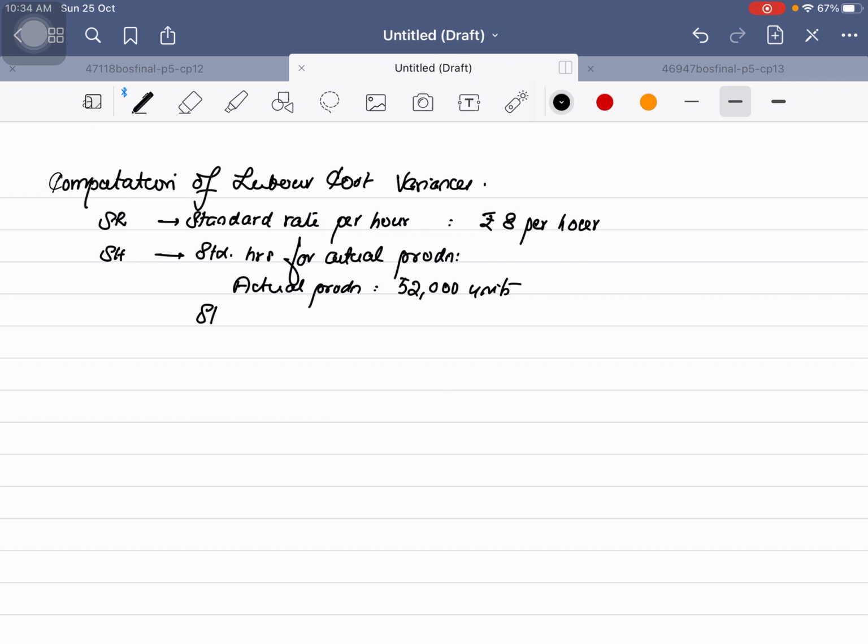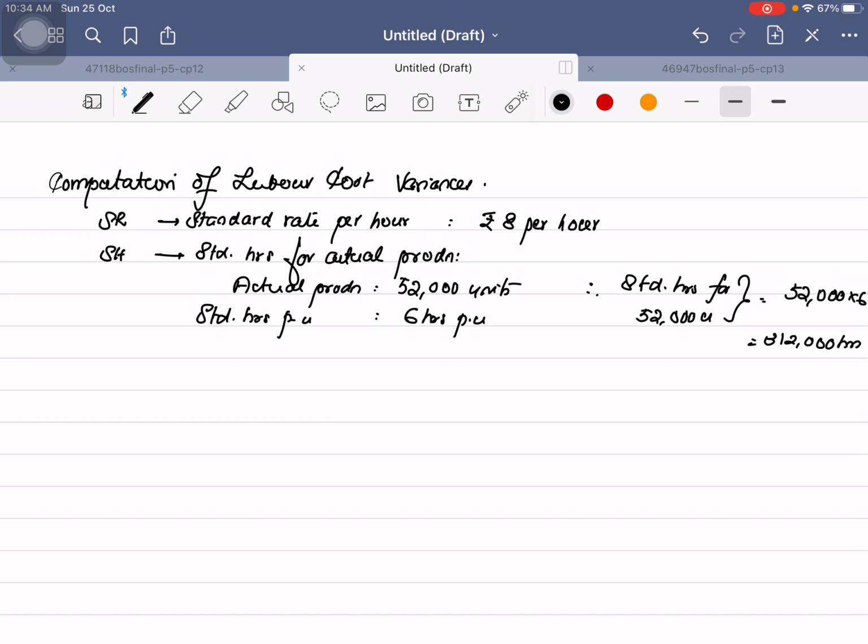And standard hours per unit is 6 hours per unit. Therefore, standard hours for 52,000 units of actual production is equal to 52,000 into 6, that is equal to 3,12,000 hours.